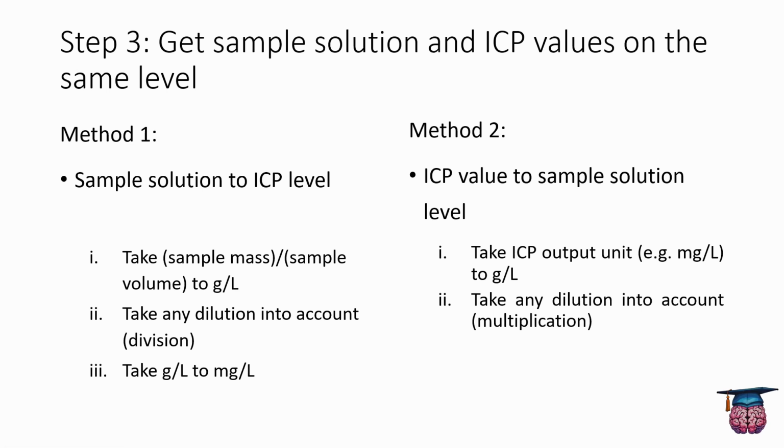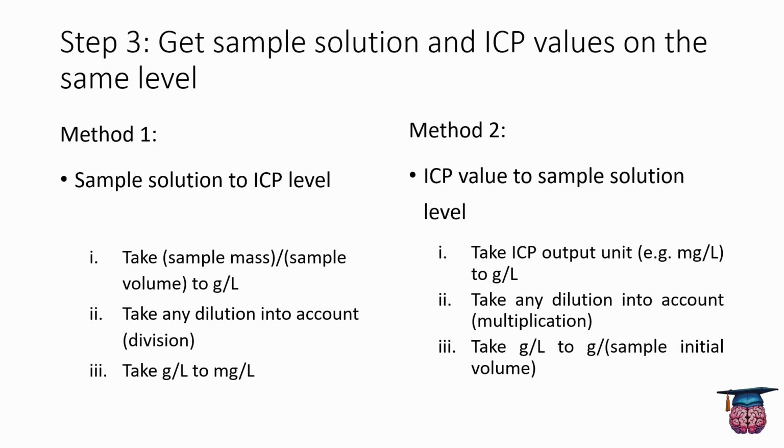Now, because we are moving in reverse from an ICP level back to our sample solution, we will have to multiply by the number of times that we diluted our solution. And then finally, we take our gram per liter value to a gram per initial sample solution volume.